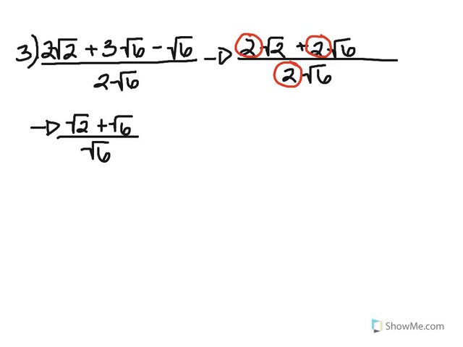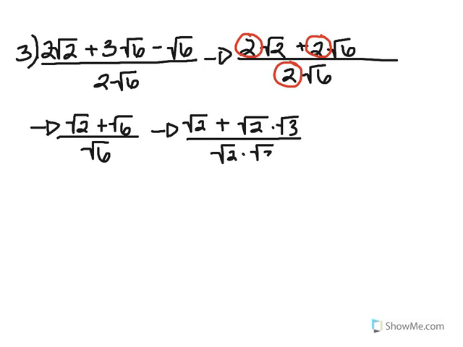All right. Now, I am not finished. Although it may seem like I am, I'm hoping that you guys see this and think that there might be something else to do. You may not know what it is, but hopefully you see this and think that it looks like there might be something more to this. I'm going to go ahead and rewrite the square root of 6 as its product. So plus the square root of 2 times the square root of 3, that's 6. And I'm going to do the same thing in the denominator.